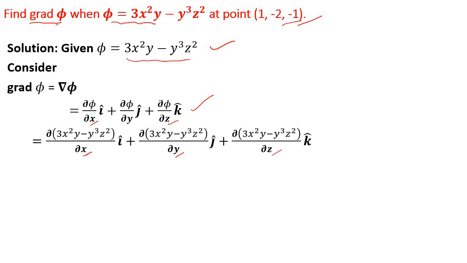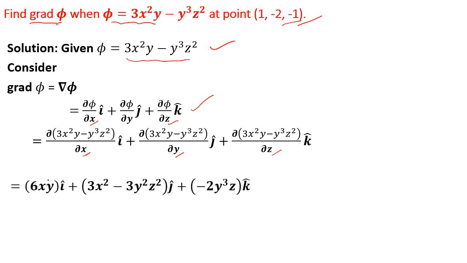Now here, when you differentiate with respect to x, the variables y and z act as constants. So the derivative of 3x squared y is 6xy, and in the other term there is no x, so this is 0. So 6xy minus 0, into i, that is 6xy i. Similarly, differentiate with respect to y.